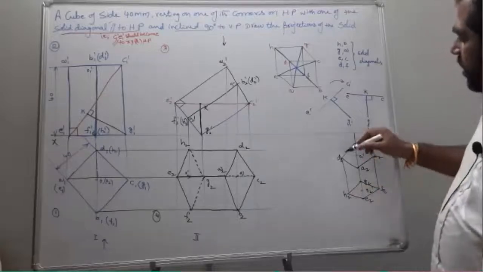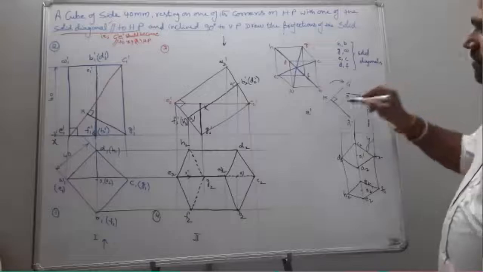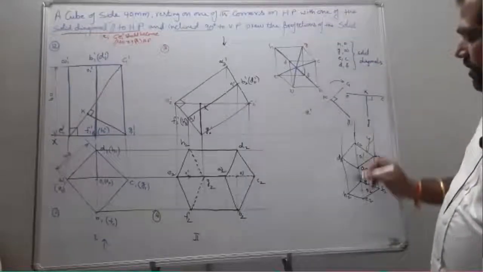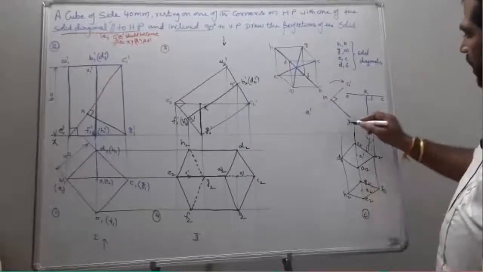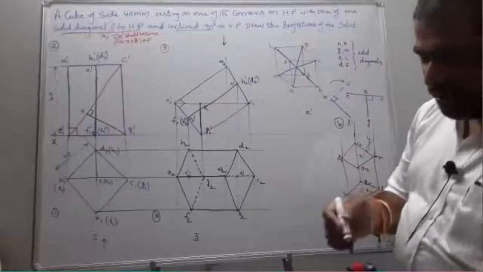You can draw the vertical projectors from here and horizontals from here. Then you will obtain this fifth, and here you will obtain your sixth when you draw the horizontal projectors. Now I just go for the auxiliary method.